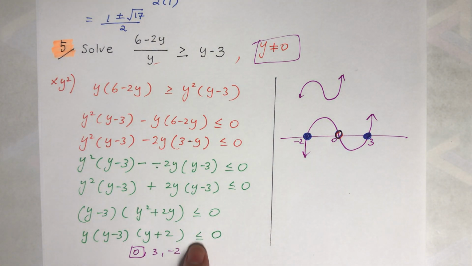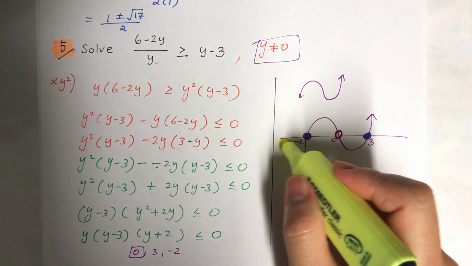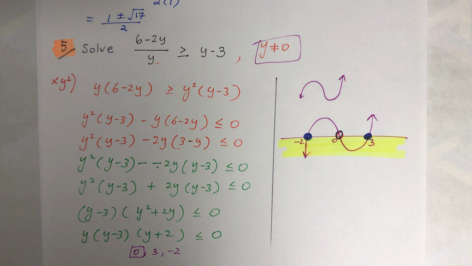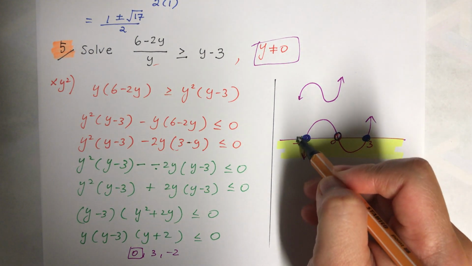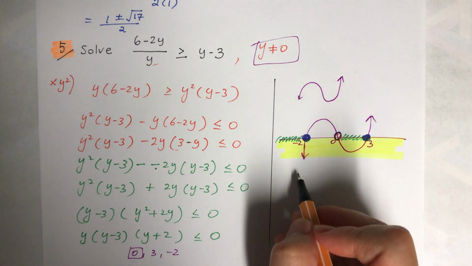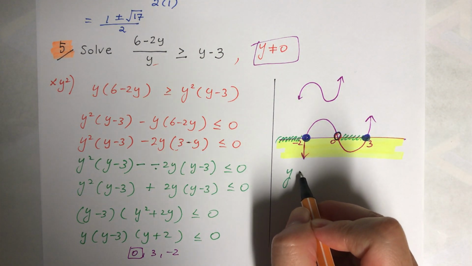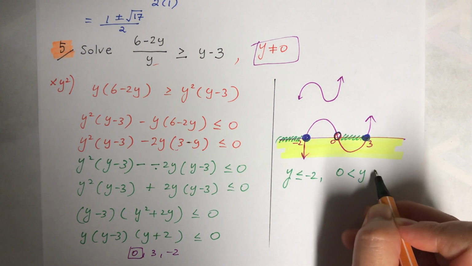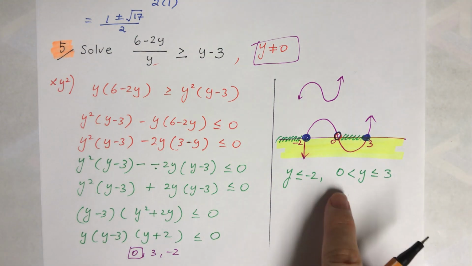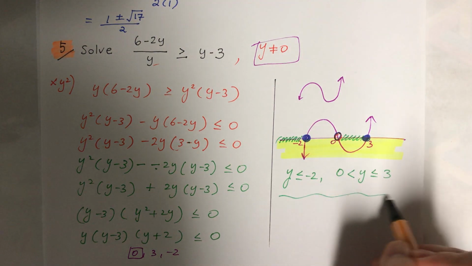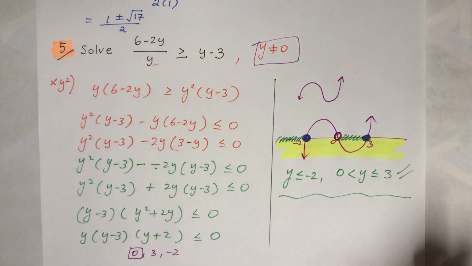And then it's less than 0, so it's all going to be on the bottom of the x-axis. And what are they? The bottom ones are these x values and these x values. So my answer will be y is less than or equal to minus 2, and 0 less than y less than or equal to 3. So y is bigger than 0 but less than or equal to 3. So that's what my answer is. Excellent.